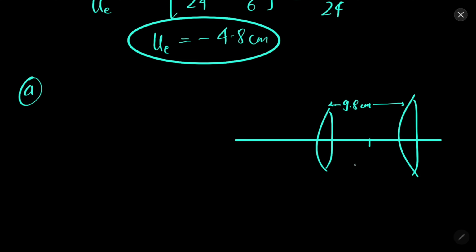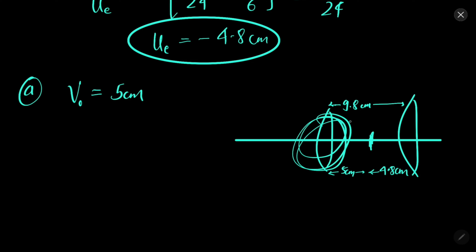Now we know that the situation is like this. This is at 4.8 centimeter from the eyepiece, so this point will be 5 centimeter from the objective. So that is what we have, that VO will be 5 centimeters.